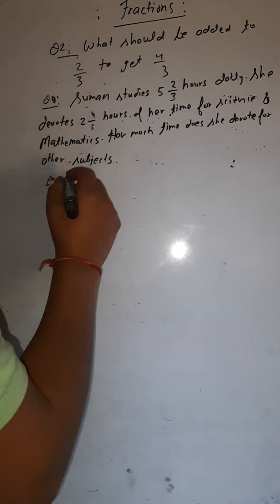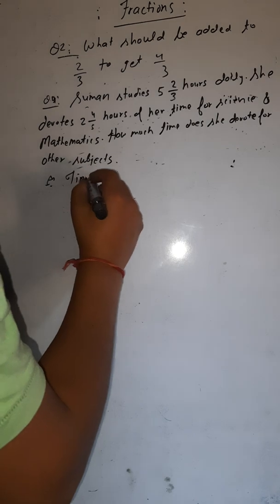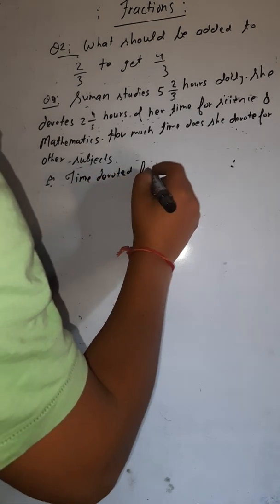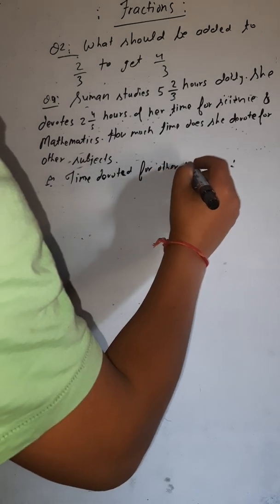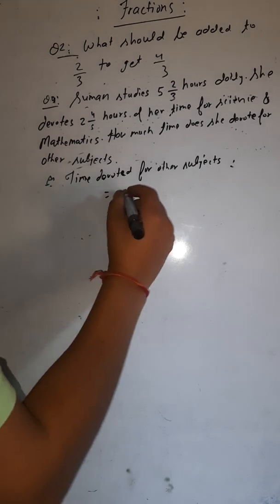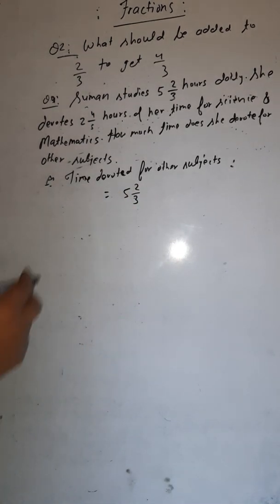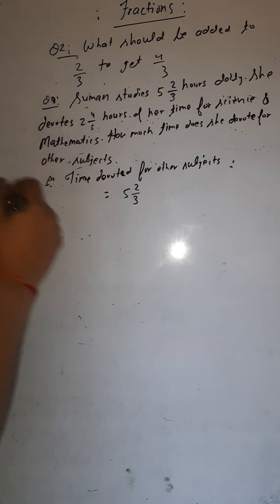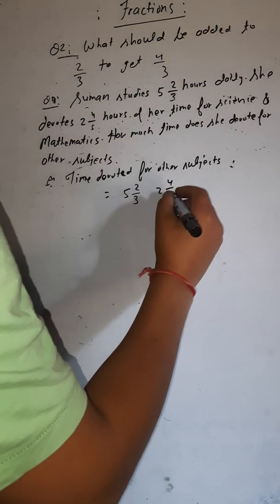So right here, the time devoted for other subjects would be, total time is 5 whole 2 by 3, and the time she is giving for science and mathematics is 2 whole 4 by 5.